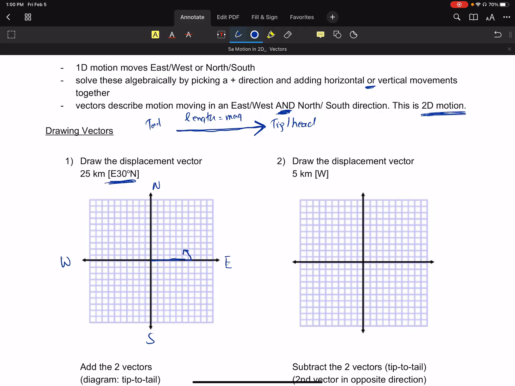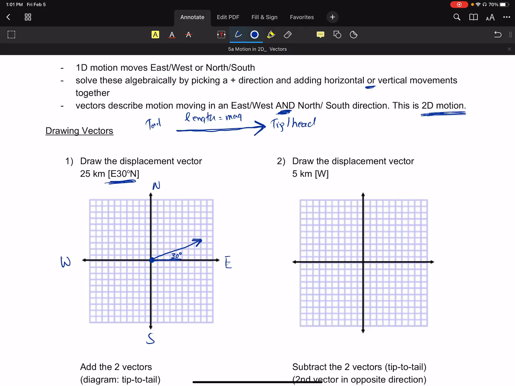That's kind of how you draw that vector. So you're going to go from the origin, and you're going to go through that line. We don't have to make it that long. That's the vector, and this is our 30-degree angle.